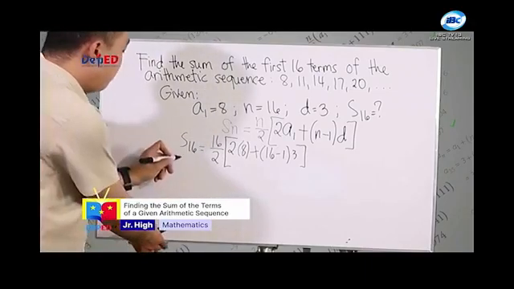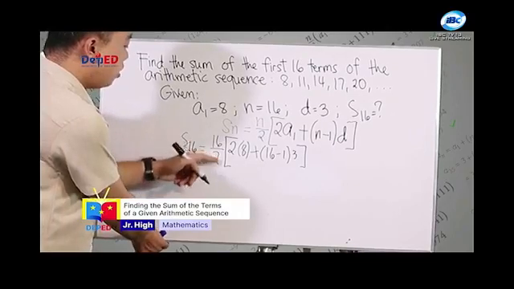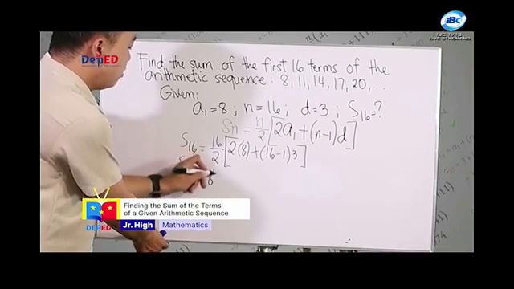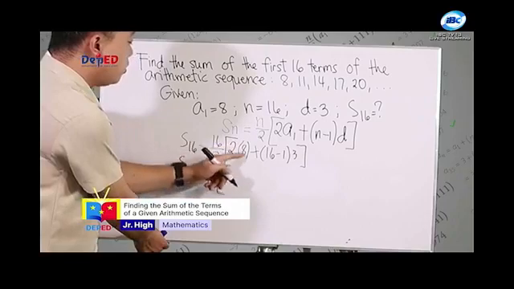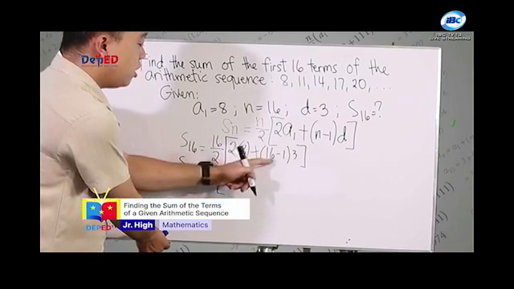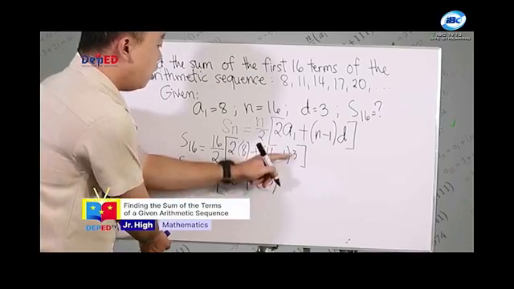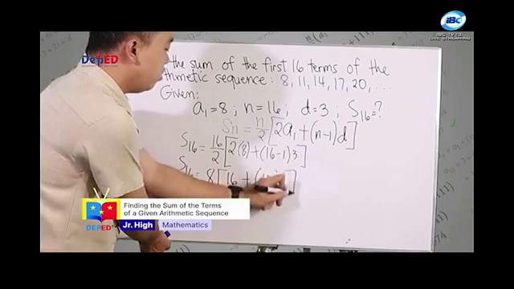Next, we will have S sub 16 is equal to 16 divided by 2 is 8 times the quantity 2 times 8 will give us 16 plus 16 minus 1 is 15 and the difference of 3.